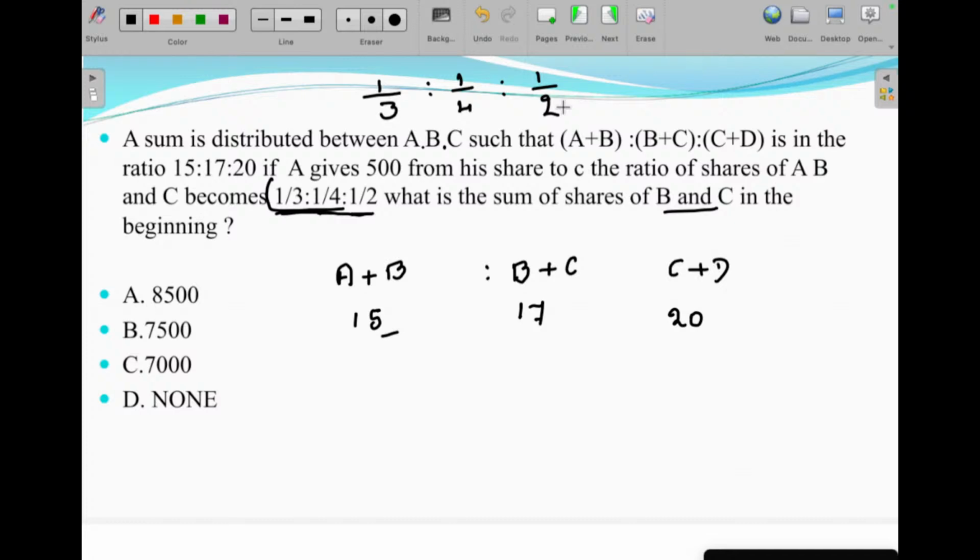Try that question. You try to do it first, then I will solve it. Easy question, not so difficult. First you convert those numbers, you will get it easily. A plus B plus C plus D.